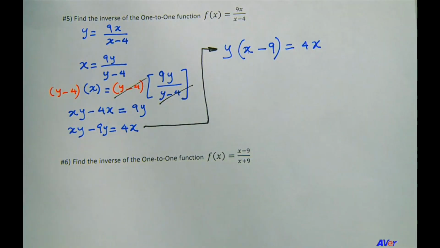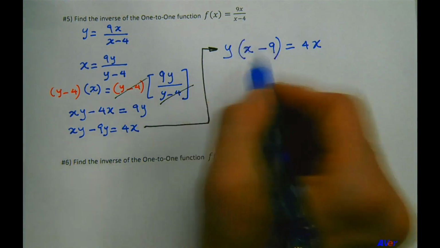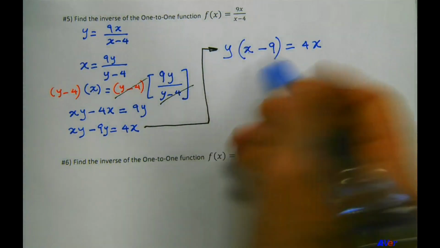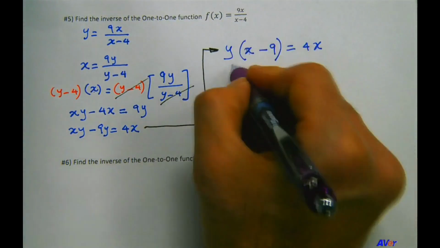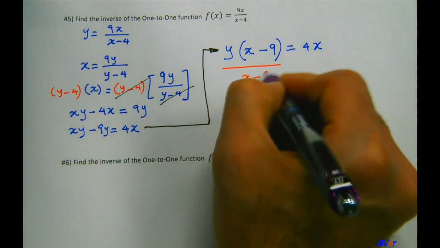Okay, so we're solving for y. Is y isolated yet? Not yet, but we're close. So what do I need to do to isolate y and therefore solve for it? Well, we need to get rid of the x minus 9, right? So divide both sides by x minus 9.